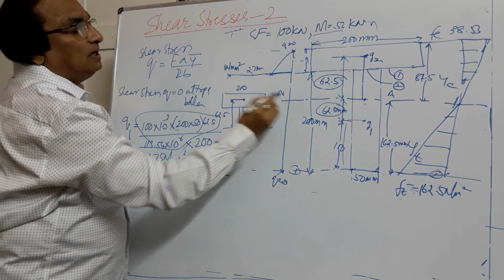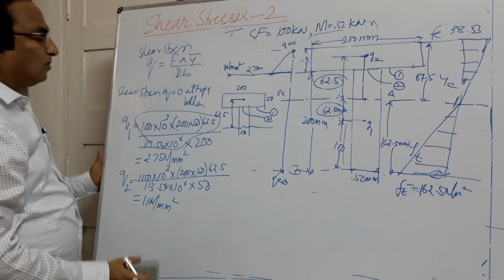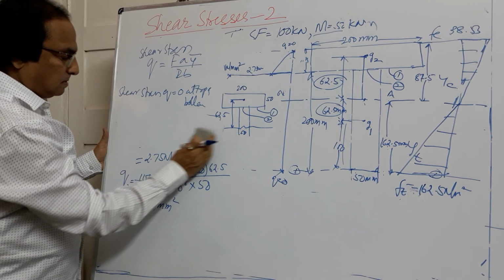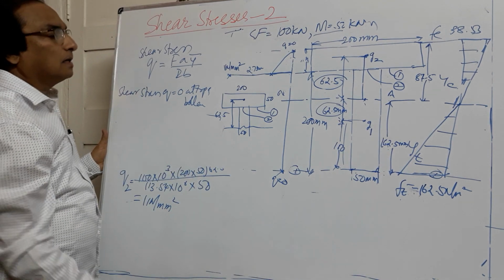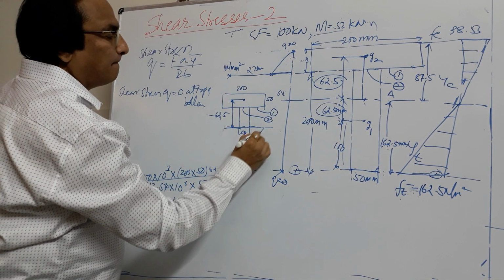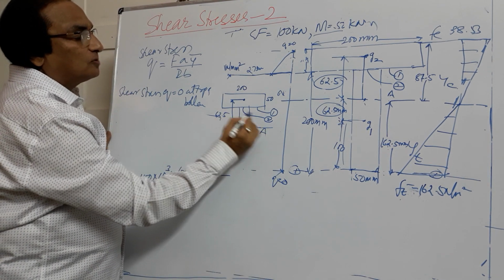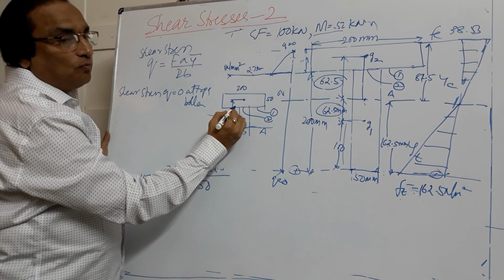Now next we'll come to the neutral axis. For level 2 it remains the same, so the extra part will be for this web part.